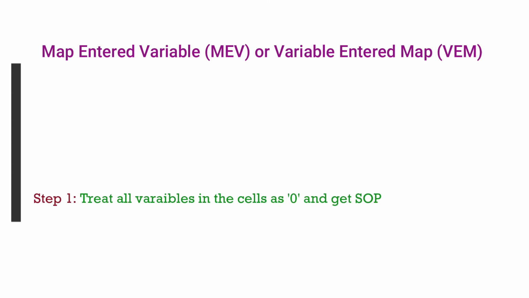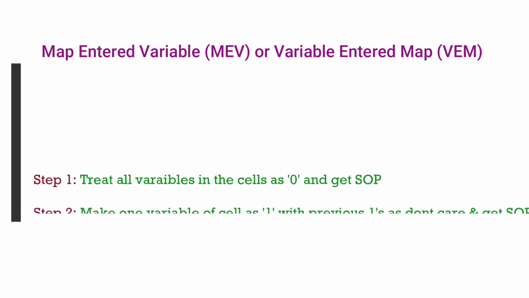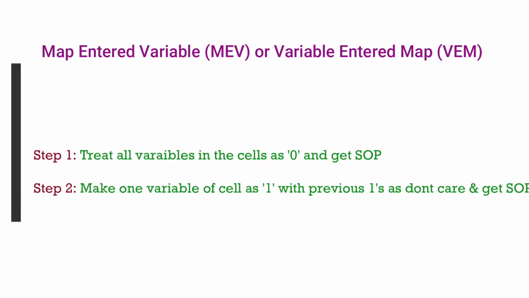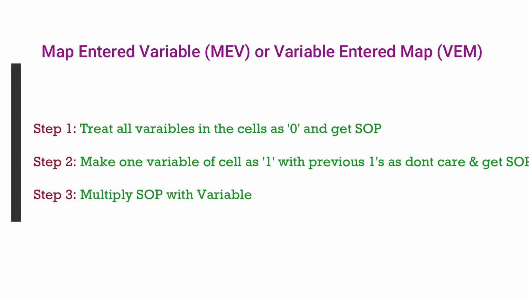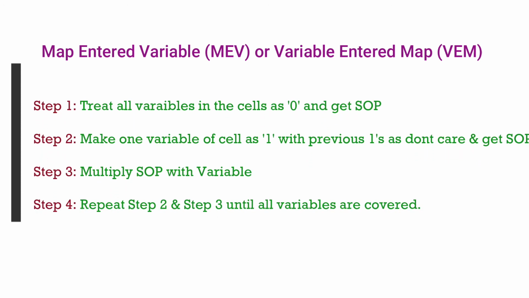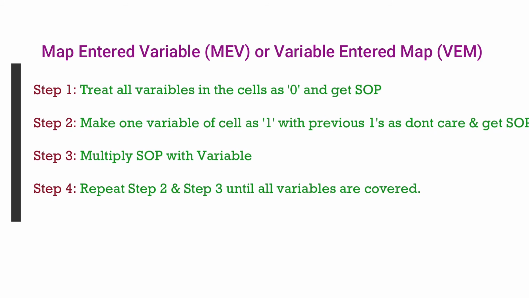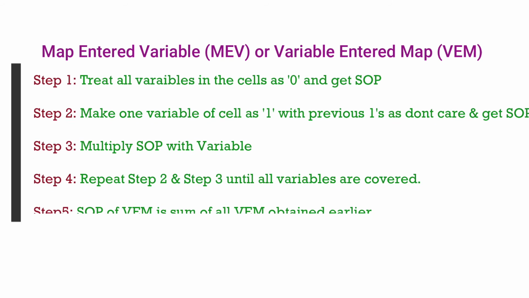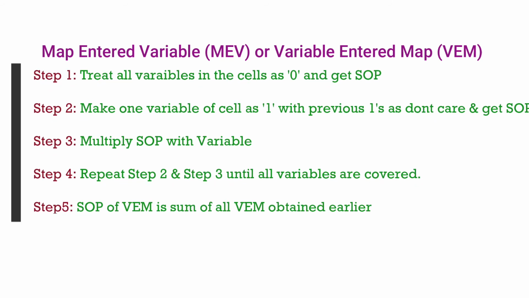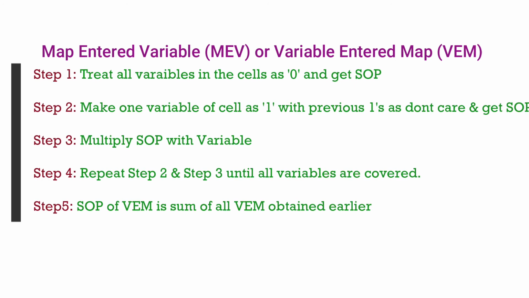What is the first step? Treat all the variables in the cells as 0 and get the sum of product form, the SOP of that. Step 2: make one variable of a cell as 1, with previous ones as don't care, and get the SOP.